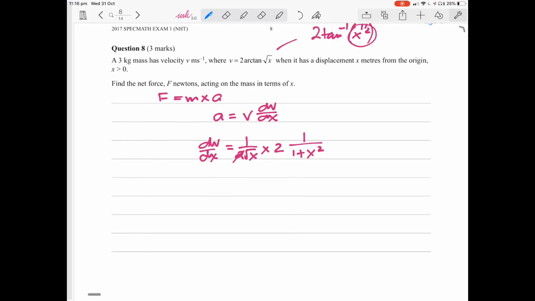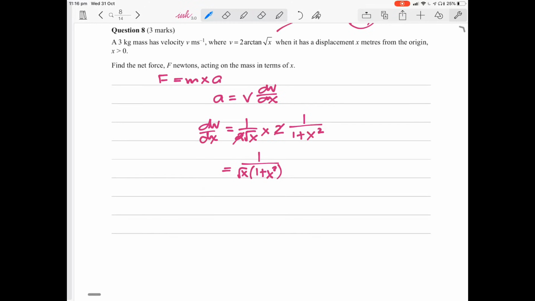So here they're going to cancel. So I'm going to have dv/dx is 1 on root x (1 plus x squared).